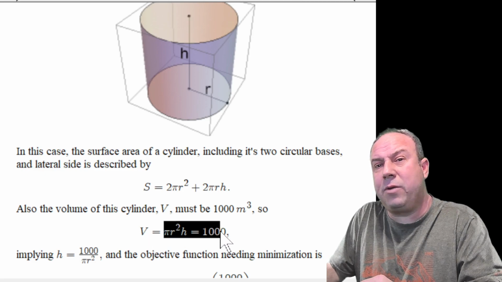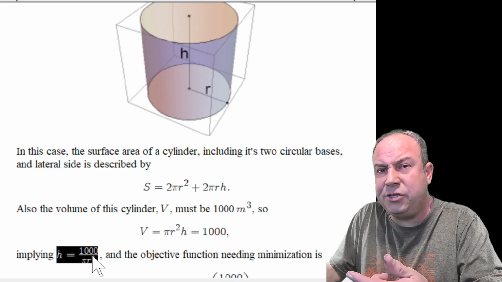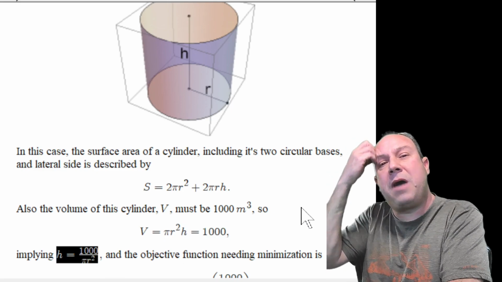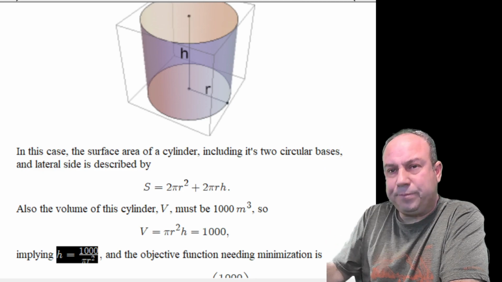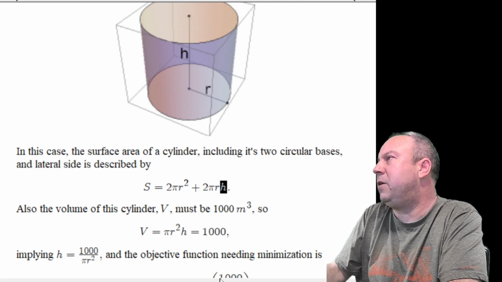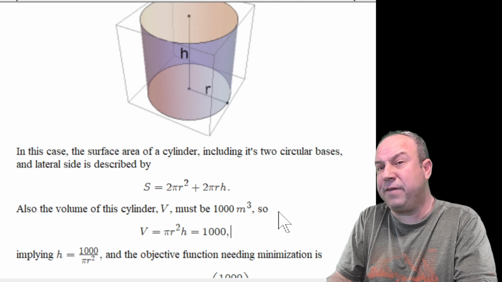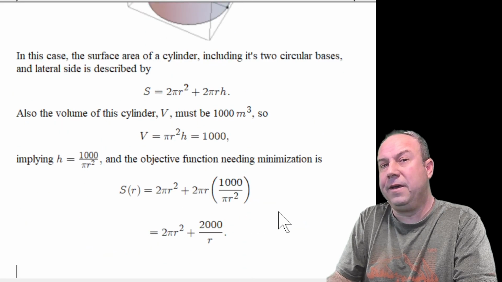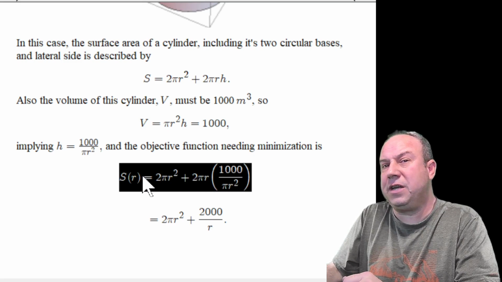So pi r squared times h must equal 1,000 cubic meters. And if I solve that for h, that means 1,000 divided by pi r squared is equivalent to the value of h. And I can substitute that into my relationship here for the surface area for h and obtain just a function of r. And here becomes my objective function, s of r.